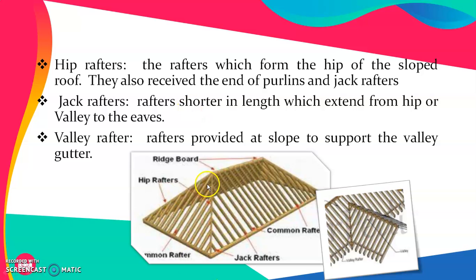Here you will find that this is a ridge of a roof on which a ridge board is provided, while this represents the hip rafter. And at the end, these are the jack rafters, while this particular line represents the valley rafter.